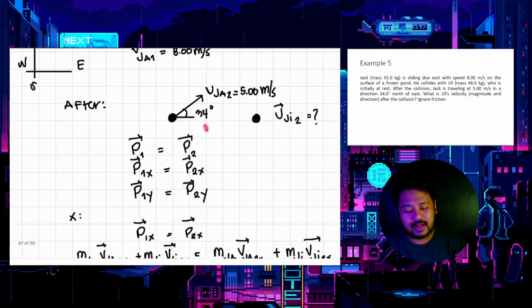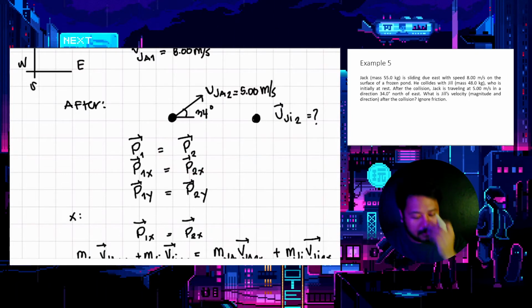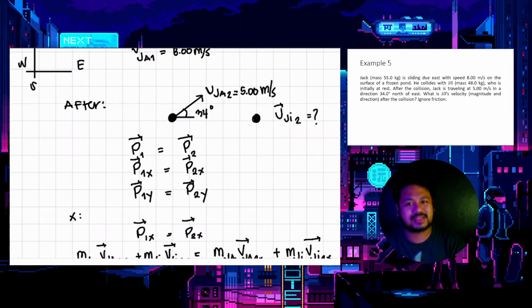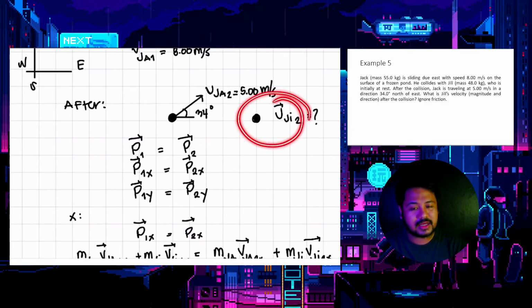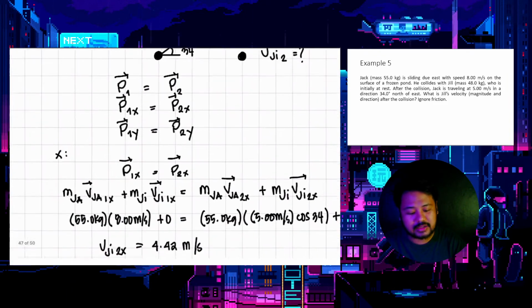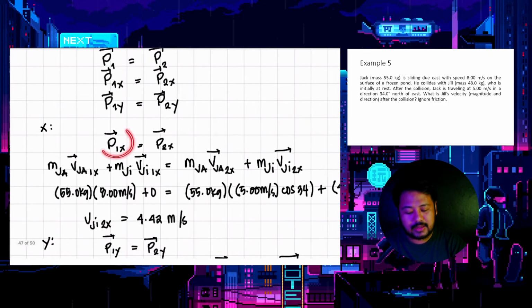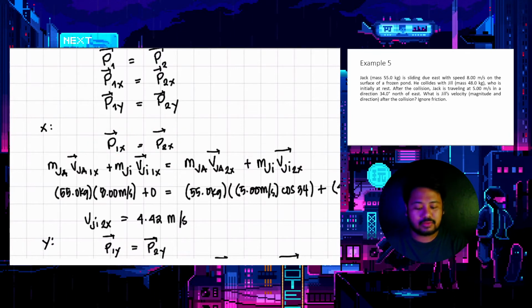After collision, both Jack and Jill will have a non-zero momentum. Meanwhile, for the x and y components, we're not sure if Jill has the x component only or y component. Hence, we have to assume that Jill is moving in the x and y. So let's start with the x component. So P1x is equal to P2x, momentum along the x equal to momentum final along the x.